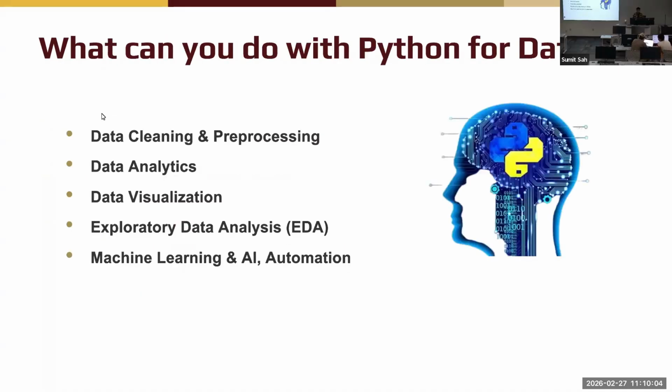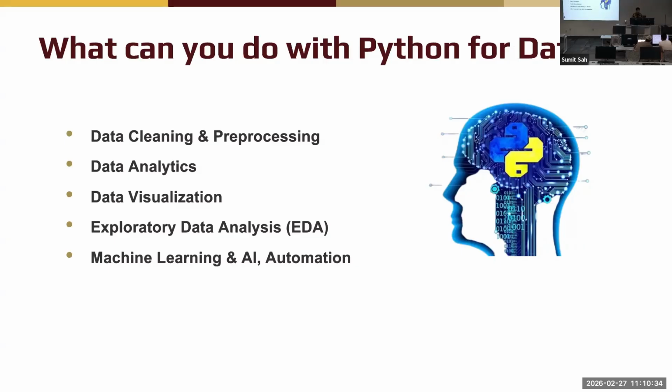So what can we actually do with Python when it comes to working with data? A lot. You can start with simple data cleaning and preprocessing, getting your raw data ready for analysis, and then you can dive into data analytics to uncover more insights and trends. It also makes data visualization much easier so that you can turn your numeric data into clear, meaningful charts.